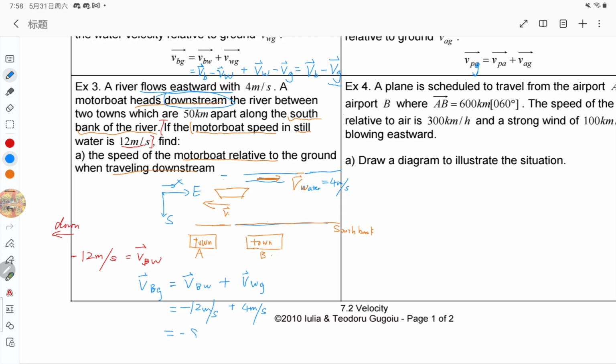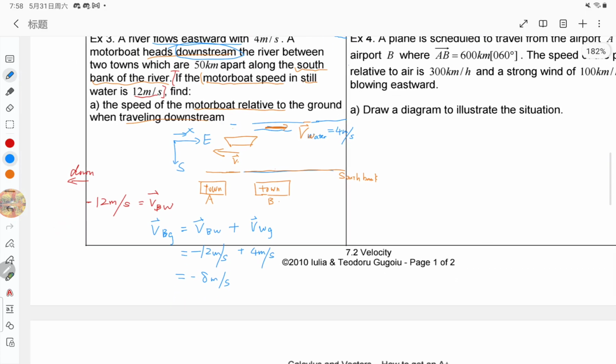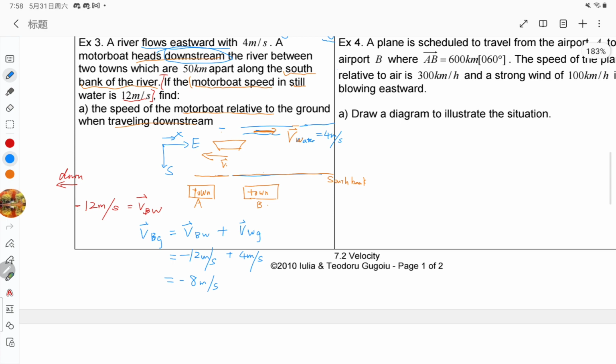So now I have this negative sign, and the speed relative to the ground when traveling downstream. So the negative sign is just indicating the direction, right? But the direction is already specified as downstream, so the speed is just 8 meters per second downstream. I think that's fine, right?